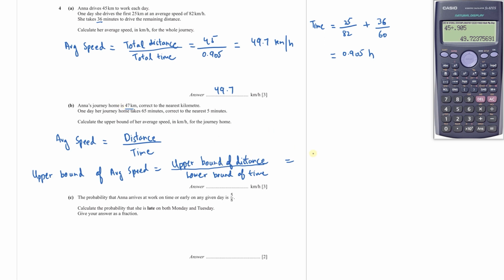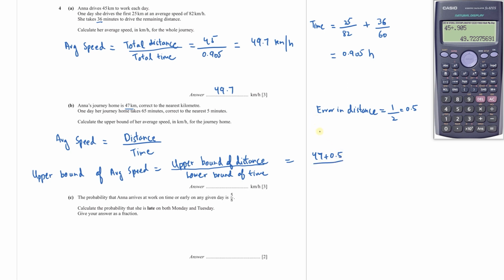It's the distance value plus the error. The distance is to the nearest kilometer, so the error in distance will be 1 divided by 2, 0.5. So the upper bound of distance is 47 plus 0.5.